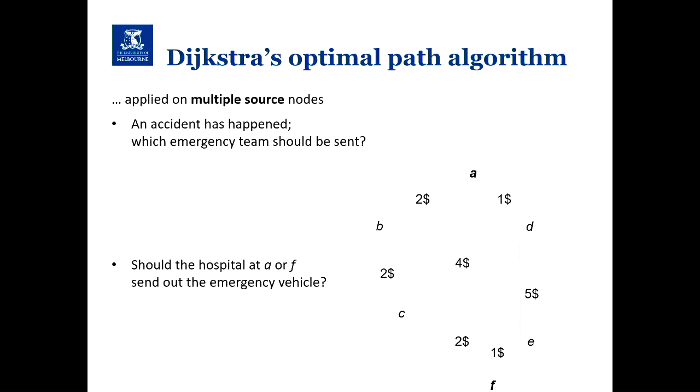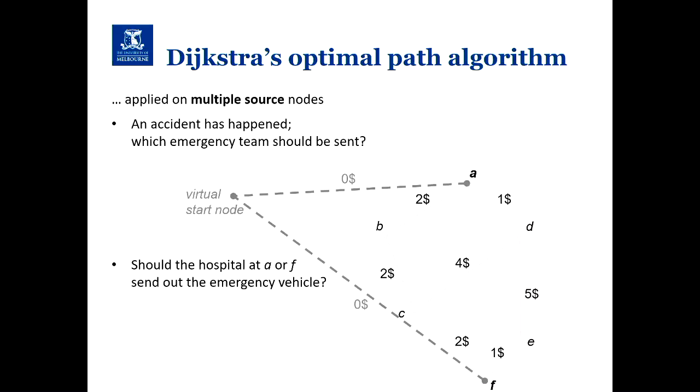It's done like this: we first introduce a virtual start node somewhere and connect it with links to our hospitals, our emergency teams, but give these connections a zero cost. So we've done all this. We can again start with the virtual start node, and then say, what is the cheapest link to my nearest neighbor?